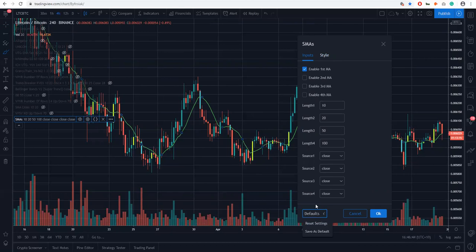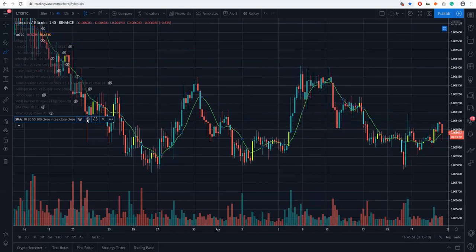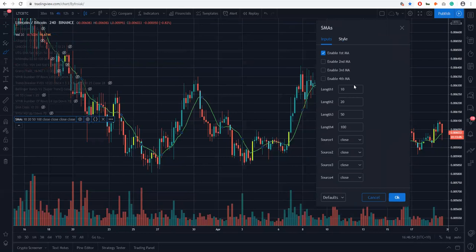The defaults were 10, 50, 100, 200, and I changed these, and you can set them to whatever you like. My personal preference is 10, 20, 50, 100, and then you could use a 200, or you could change this to 100, 200 if that's what your strategy entails.